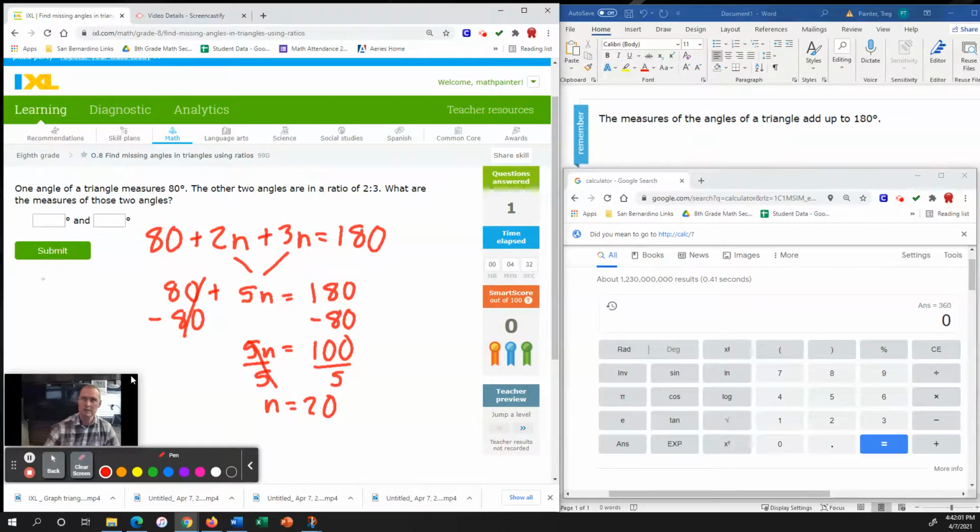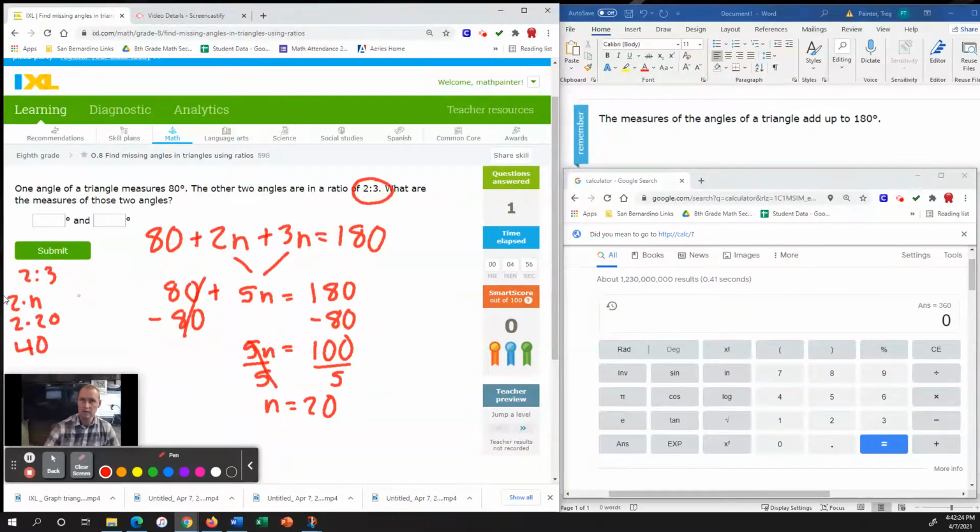So remember our ratio up here, the angles are in a ratio of 2 to 3, and that came from here. Which means we're going to take 2 times n, and n is 20. So 2 times 20 equals 40.